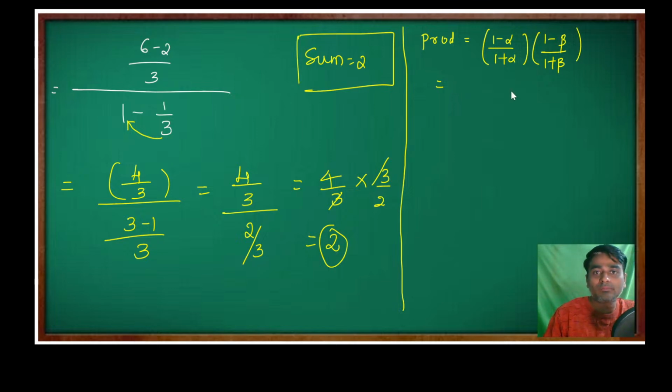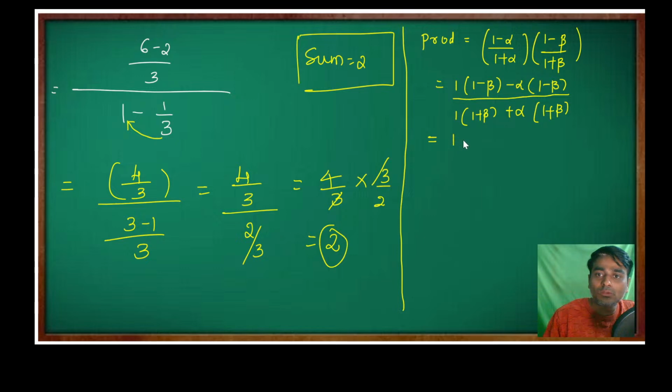So when you multiply 1 minus alpha, 1 minus beta, what will happen? 1 into 1 minus beta minus alpha into 1 minus beta, divided by 1 into 1 plus beta plus alpha into 1 plus beta.